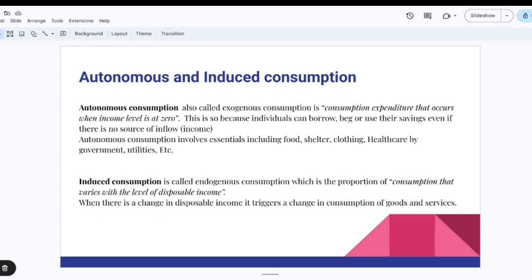So it's consumption that varies with the level of disposable income. It is induced, meaning that it is triggered by a change in income. So that's just a general idea of autonomous and induced consumption.